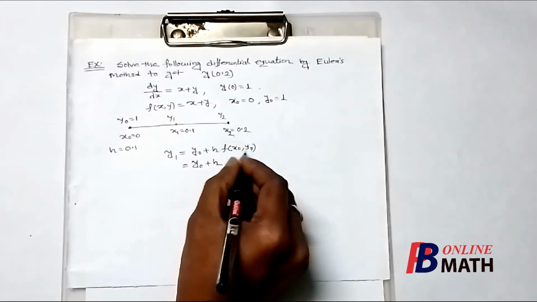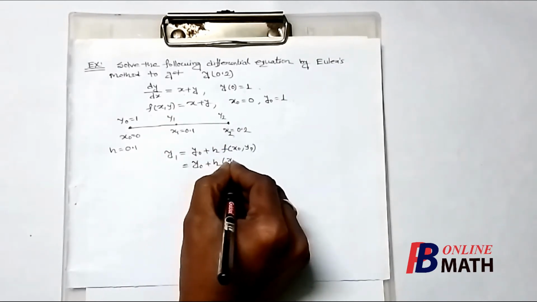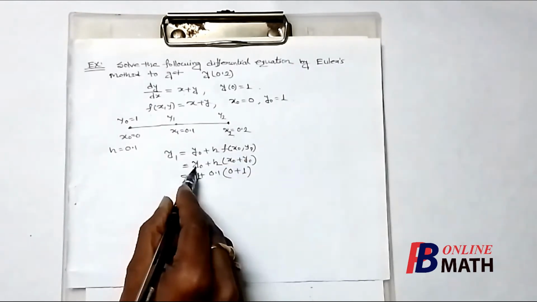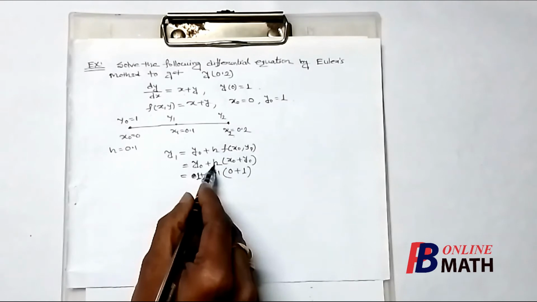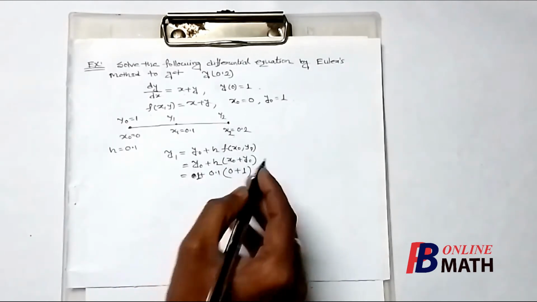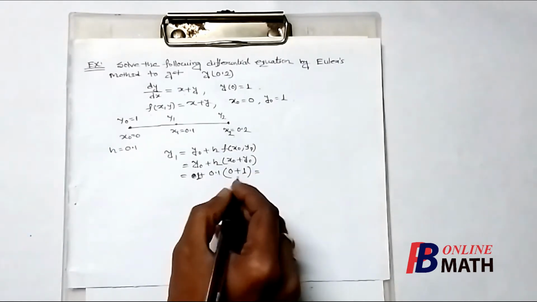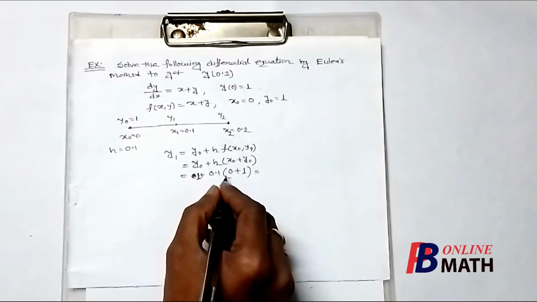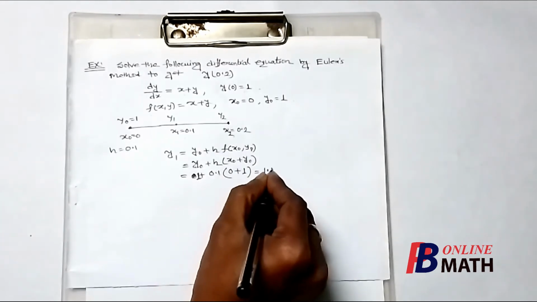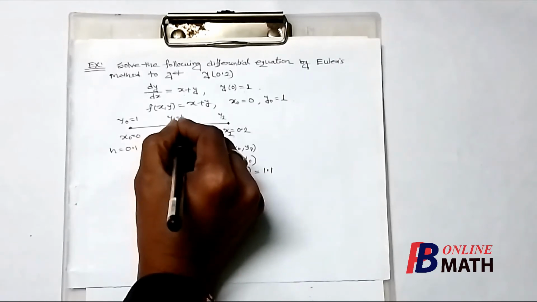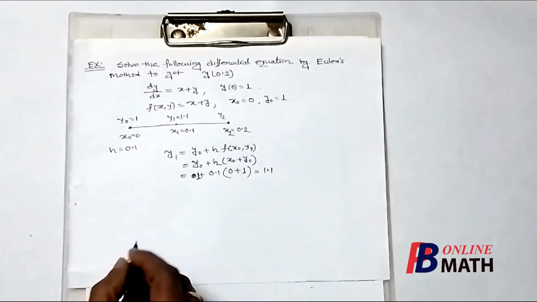So f(x0, y0) will be x0 plus y0. Now y0 is given, which is 1, plus h is 0.1, x0 is 0 and y0 is 1. So we can find that this is equal to 1 plus 0.1 into 1. That means it is 1.1. So this is the value of y1. So here we have obtained that y1 is 1.1.